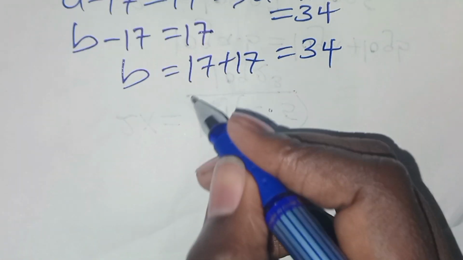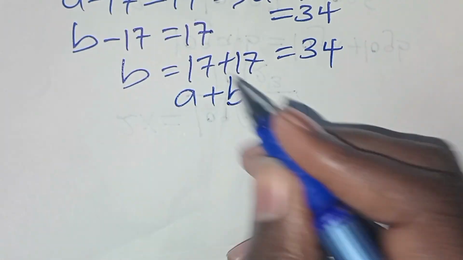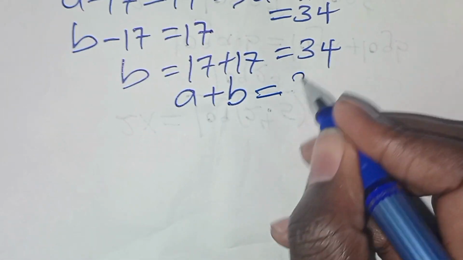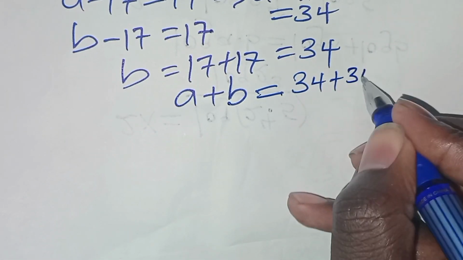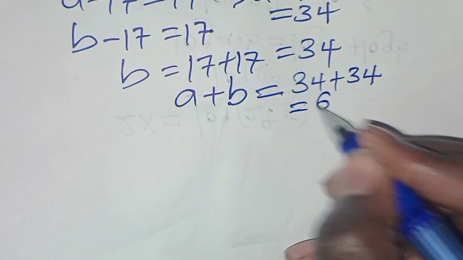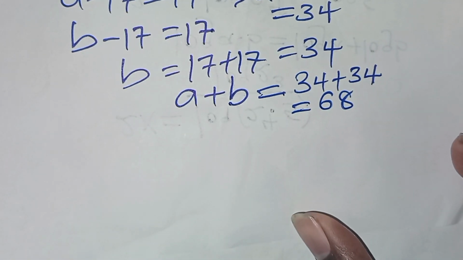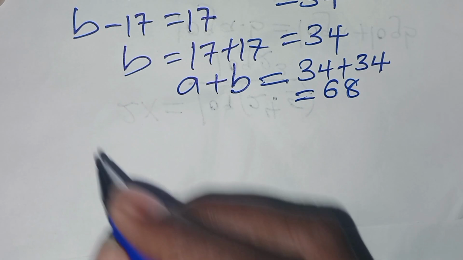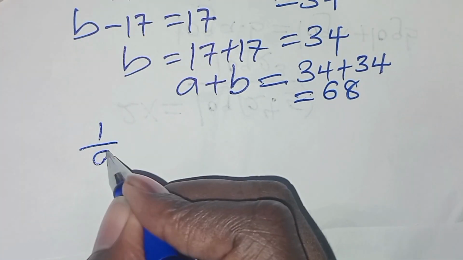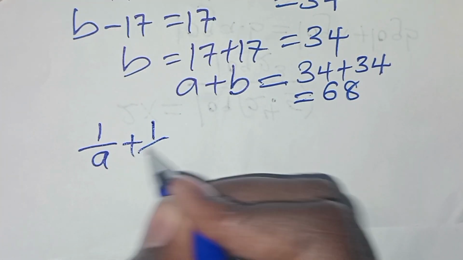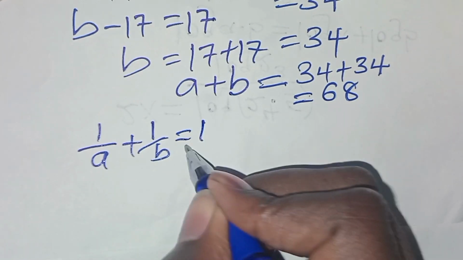So that means that a plus b in case 3 is equal to 34 plus 34, which is equal to 68.